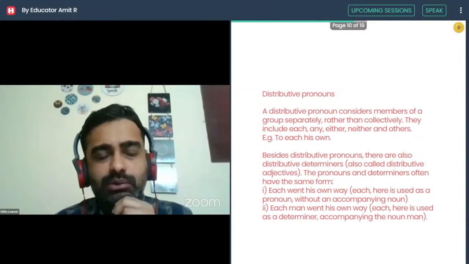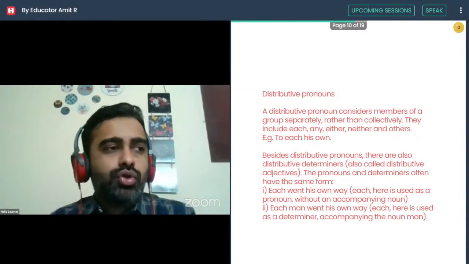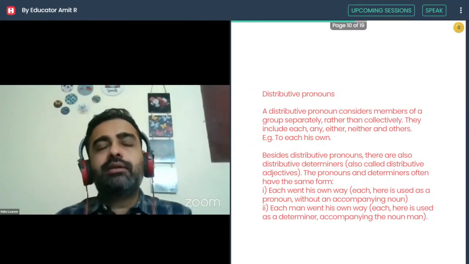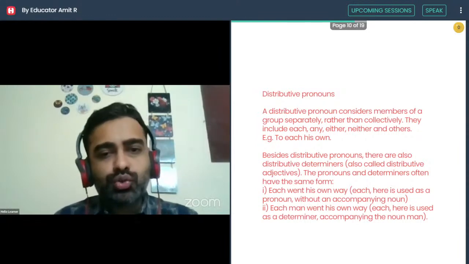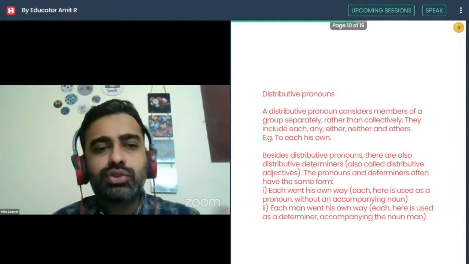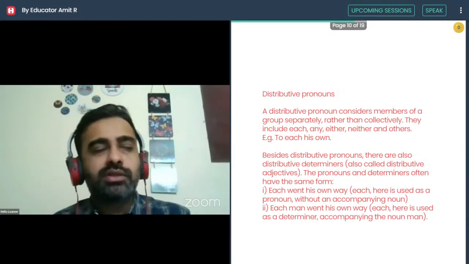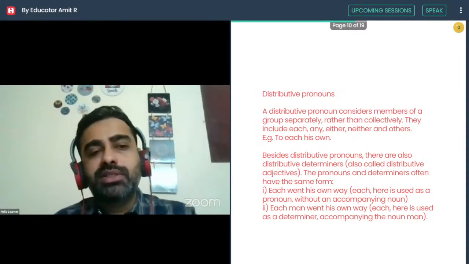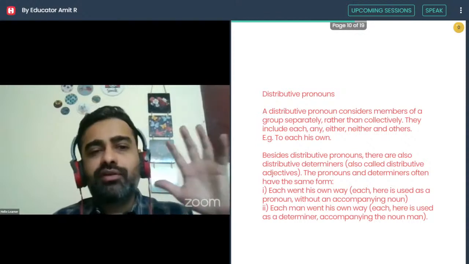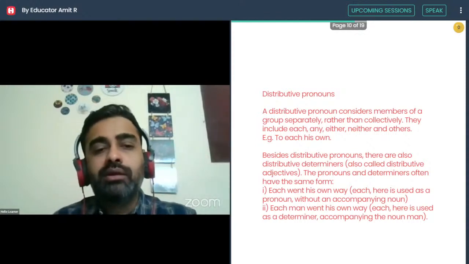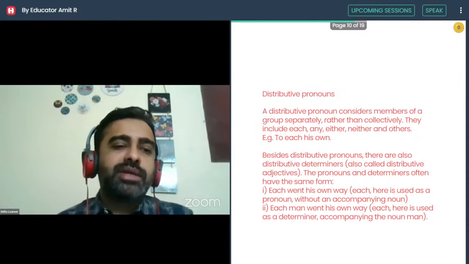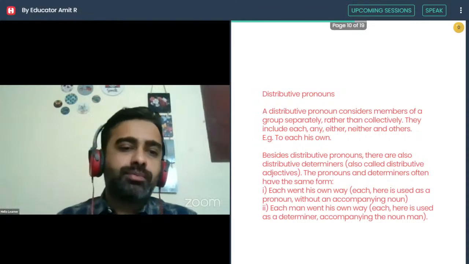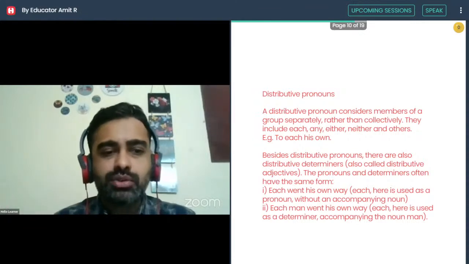What it means is that when you refer to that group, you don't refer to them as a collective group, such as those students, these students, those cars, those individuals, those people, as a demonstrative pronoun does, where you are referring to them as one. That's not the case. Distributive pronouns are each, any, either, neither, others. Here, although others is plural, it is considered one. When you look at the sentence, you'll understand.